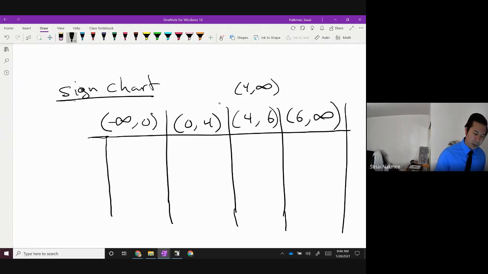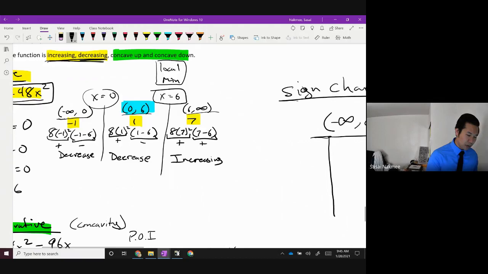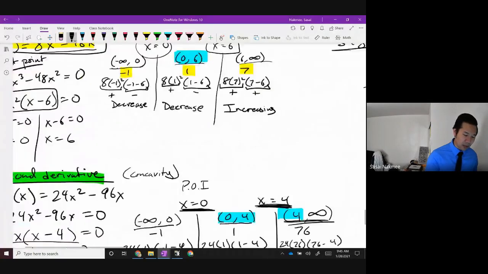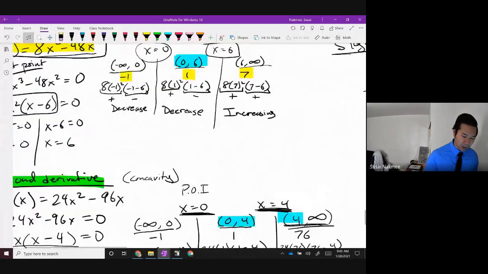So I can't go straight there because 0 to 6 was an important interval for the first derivative test. So I need to look at that, and that's this guy right here, from 0 to 6. So I can't just ignore this right here. I can't just go, oh, I'm just going to go from negative infinity to 0, and then from 0 to 6, and then from 6 to infinity. I still need to focus on the 4. So I'm kind of combining these guys together, right?